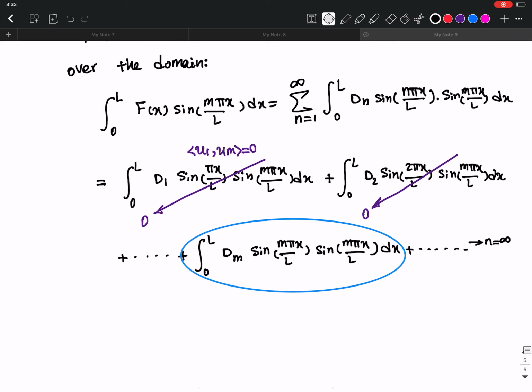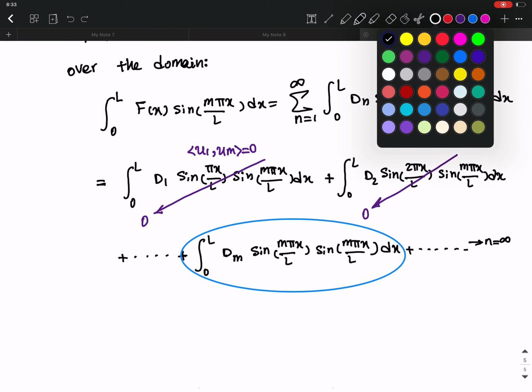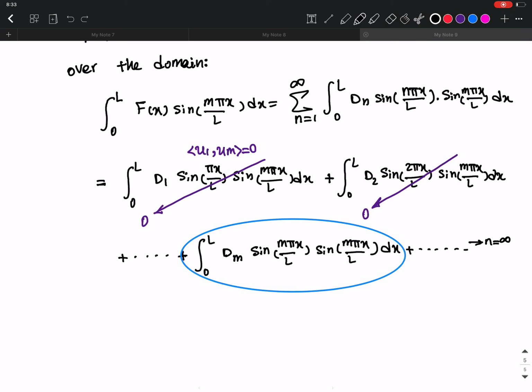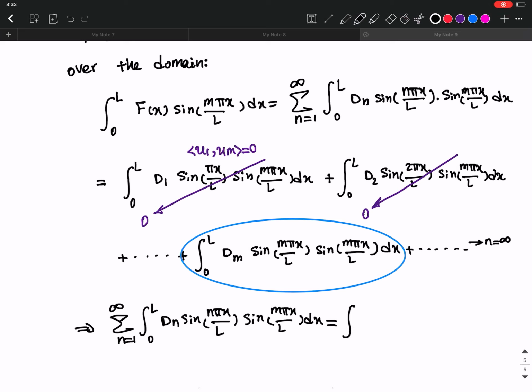So I am left with this. So this tells me that the sum of n from 1 to infinity of the integral of 0 to L of dn, I'm writing the right hand side, sine n pi x over L times sine m pi x over L dx, equals only one term, which is this term written here, the blue one with the blue line over that, the integral of 0 to L of dm sine squared m pi x over L dx.